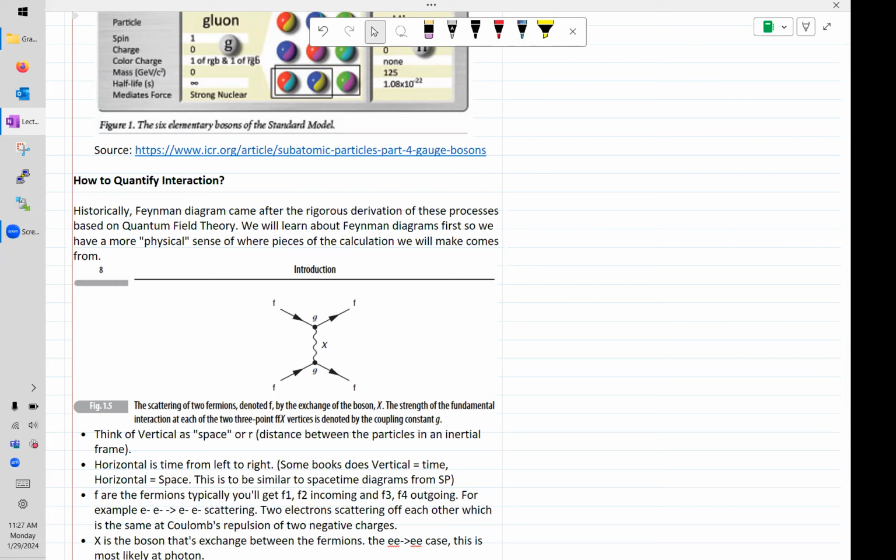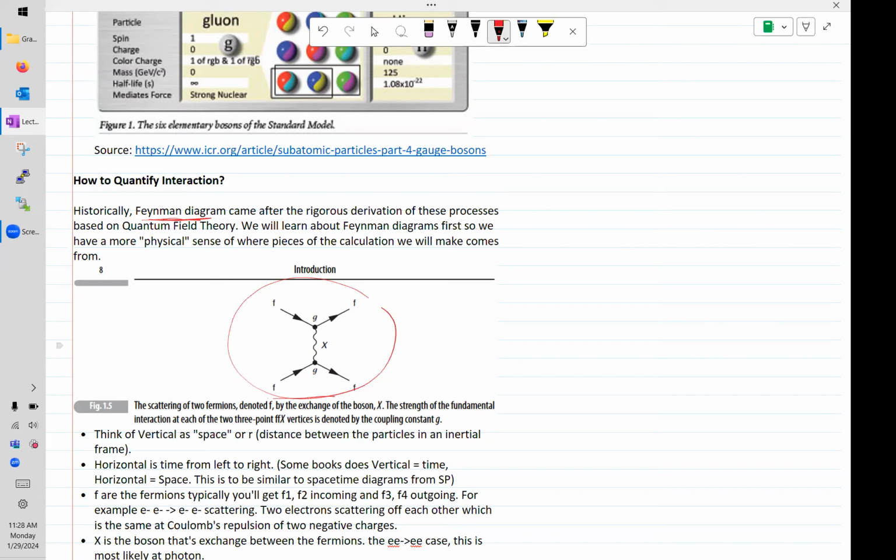So historically, these things called Feynman diagrams, which is this diagram down here, came after a lot of really rigorous work done by theorists in quantum field theory, in order for us to have these Feynman diagrams to get a more physical sense of how strong each of these interactions are.